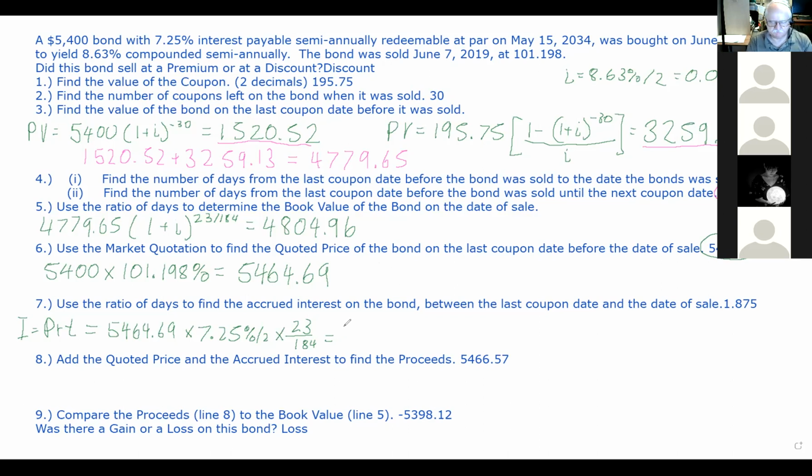And I'm getting 24.76. Did I? And for some reason, Moodle wants 24.47. So what did we do wrong there?